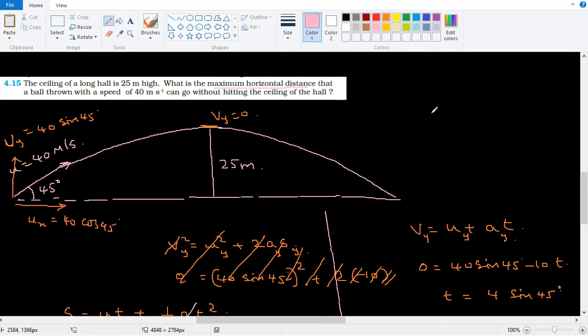If a bomb or some object is dropped, what path is it going to take, where is it going to land, depending upon the speed and the height? So there are a lot of applications for projectile motion.